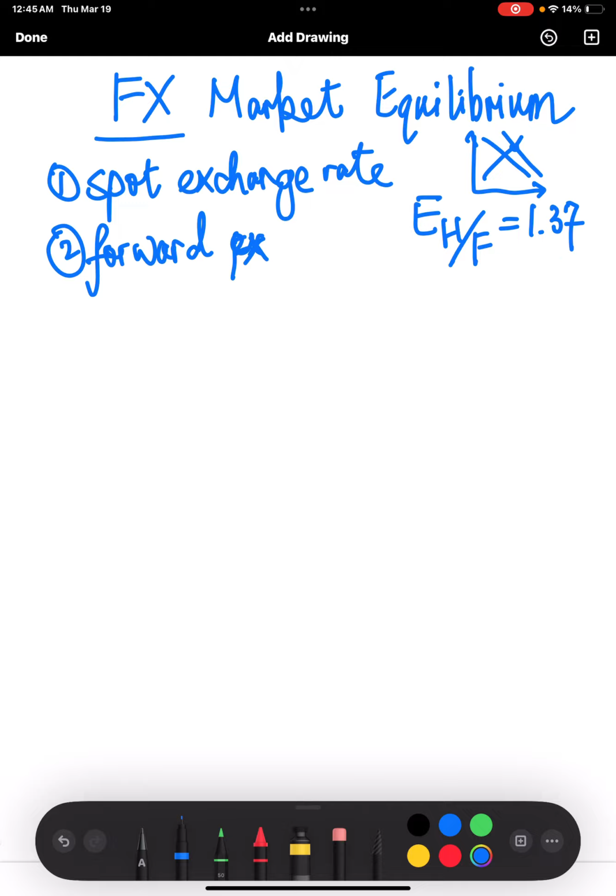Okay, so once we have cleared out this background, then we can start our foreign exchange rate market equilibrium model. So basically, it's looking at it from the angle of rate of return of your investment, your financial investment, usually in terms of bonds, right?